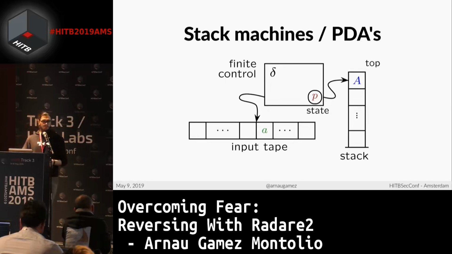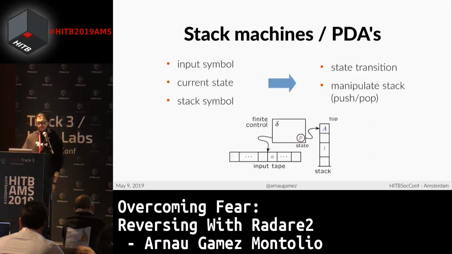I won't go into it. You just need to know that there is a stack and an abstract input tape that has some input symbols, the current state, and the stack symbol. And then from that, it transitions to another state. And during that transition, it can manipulate the stack, which means basically making pushes and pops from the stack. That's the basic idea.